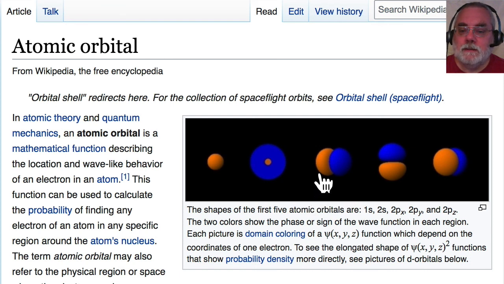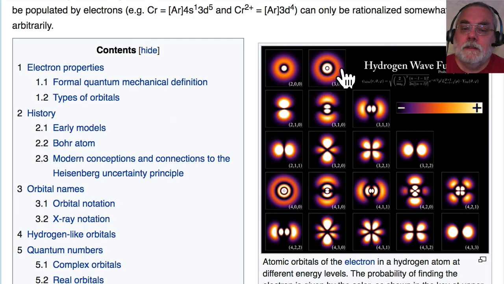We could say this is the px orbital, the py orbital, and the pz orbital. Notice that they are not spherically symmetric. Here's a different view of orbitals: 2s, 2p, and then there are d orbitals and also f orbitals.